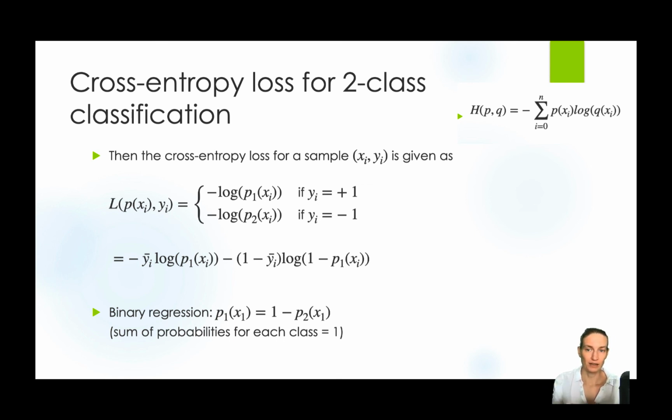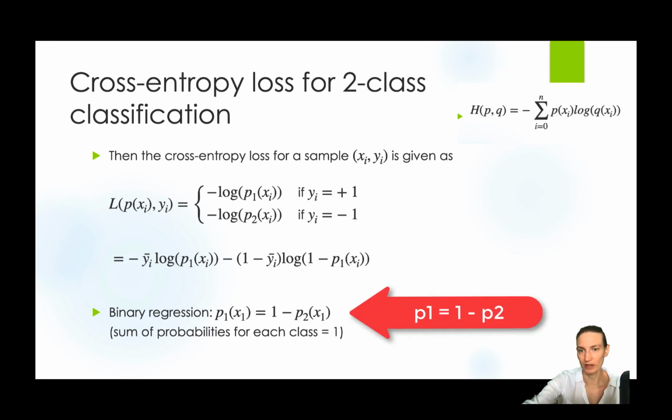P1 plus P2 need to be 1. The total probability needs to be 100% over all the classes. So knowing this, we can substitute P2 by 1 minus P1. So this is exactly where P2 would be. That's where we replaced it.